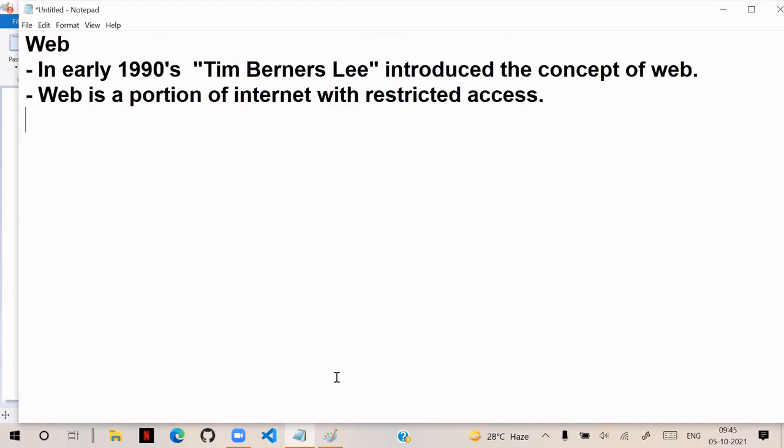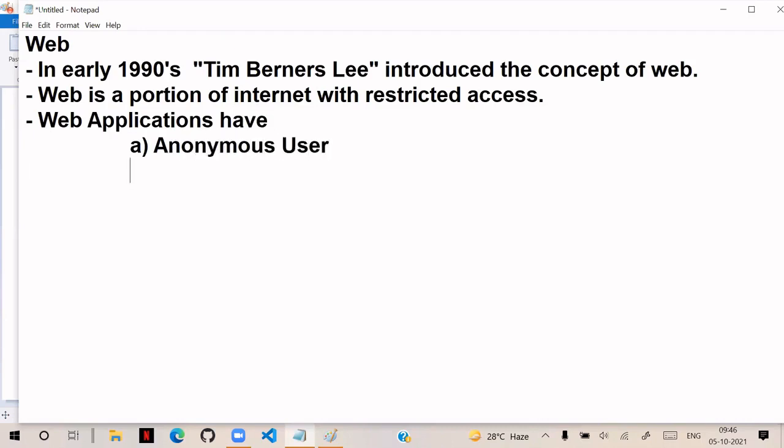So we are developing applications. Our applications are what kind of applications? Web applications. Web applications have two types of users: anonymous user and authorized users.